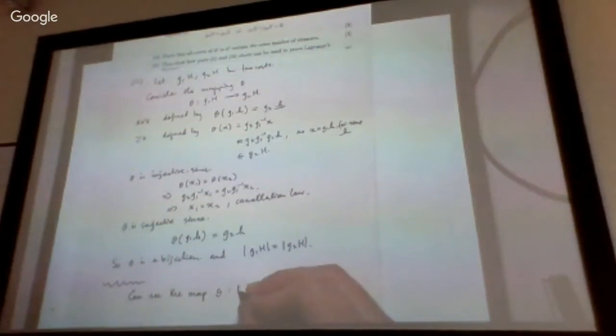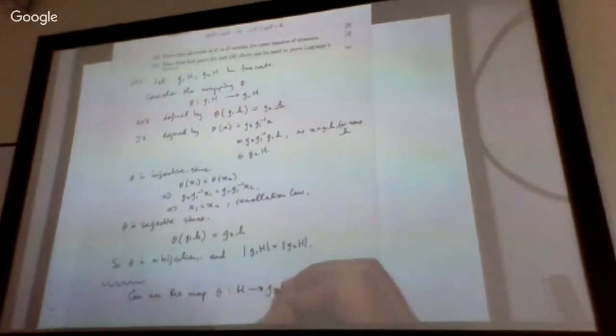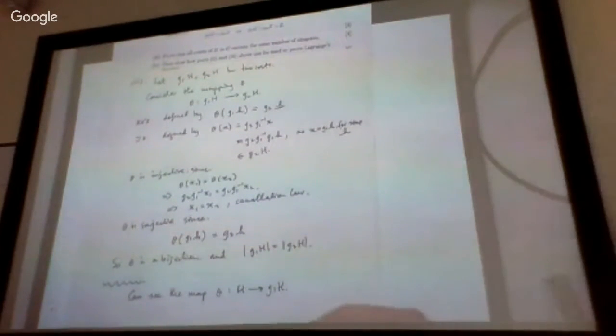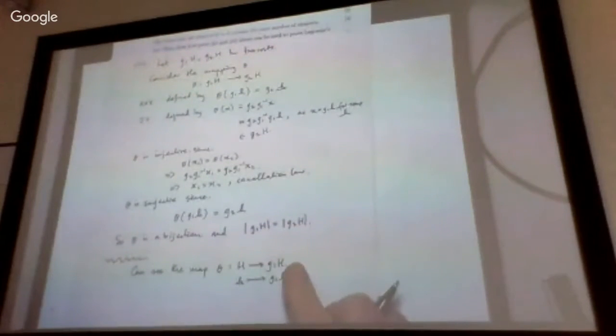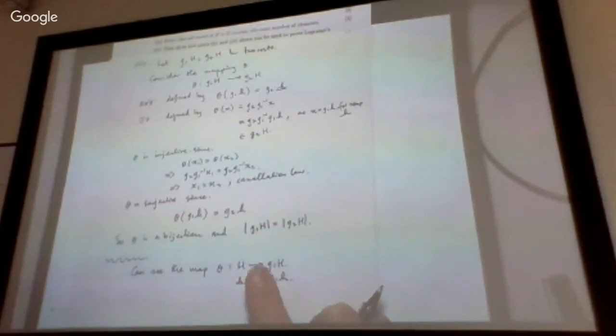This map goes from H to g1H, defined by sending the element little h to g1H. The conclusion there would be that every coset has the same size as this particular coset H. That means they all have the same size, namely that one.